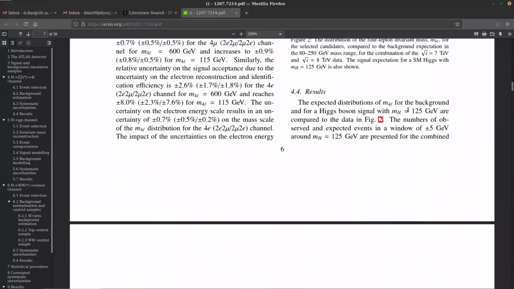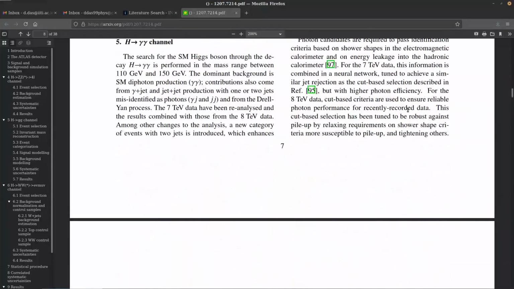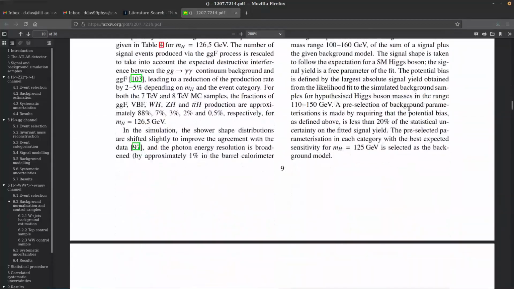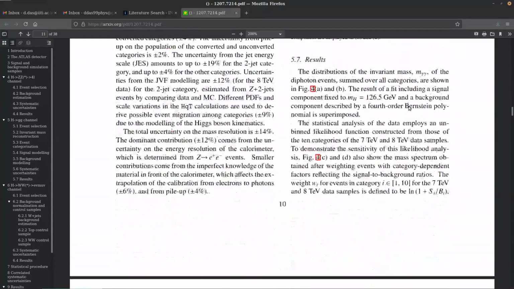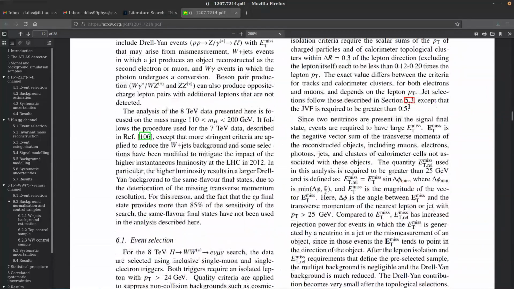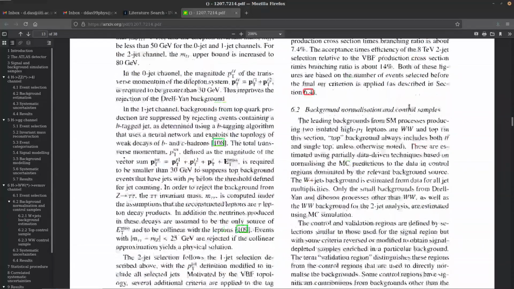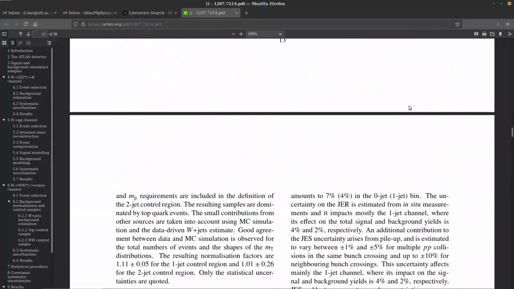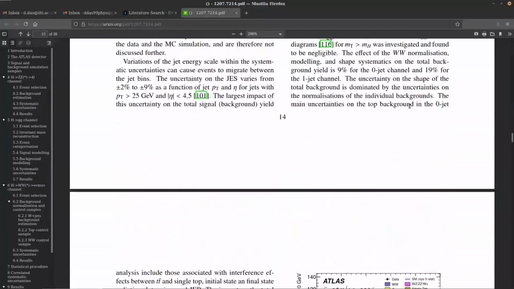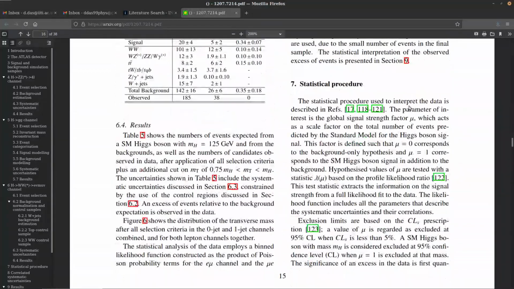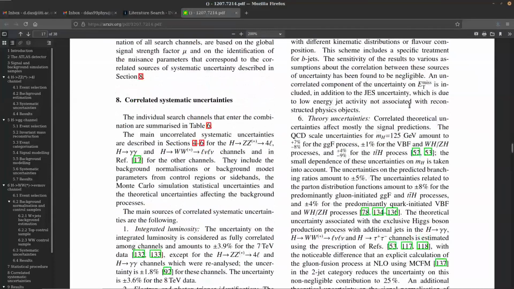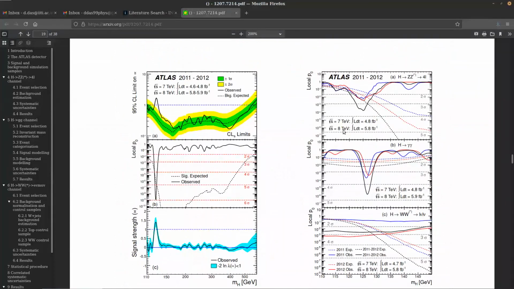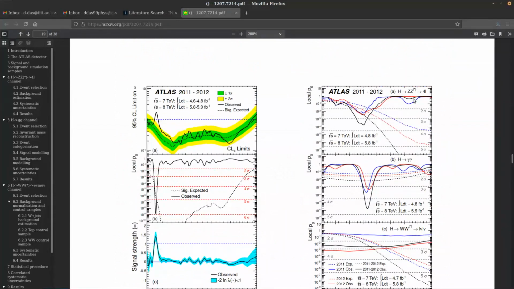And if you go back to this plot again, where do I have this? Here. If you go to the plot, you see that thing here.